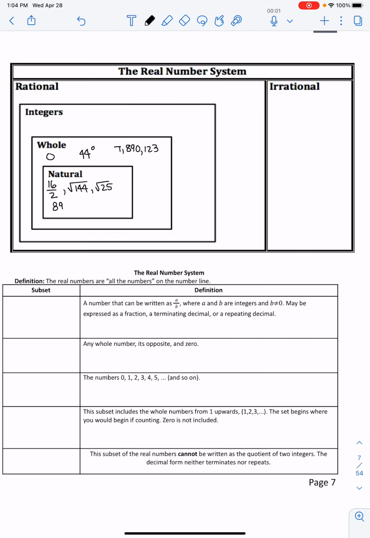Numbers such as 12 over 3, and numbers like that.